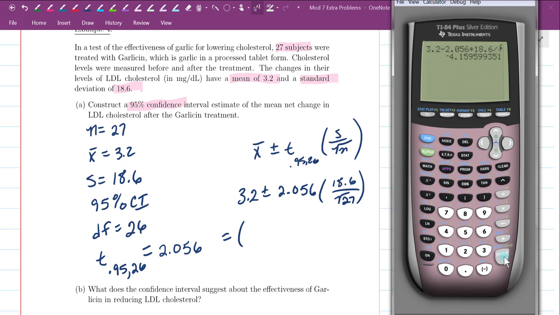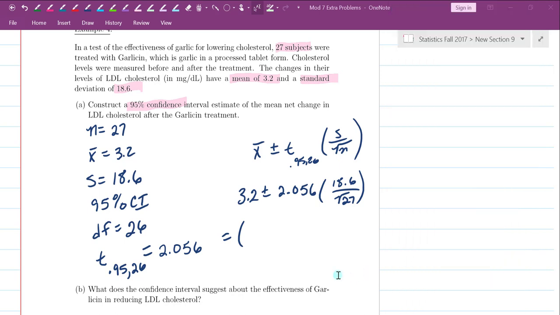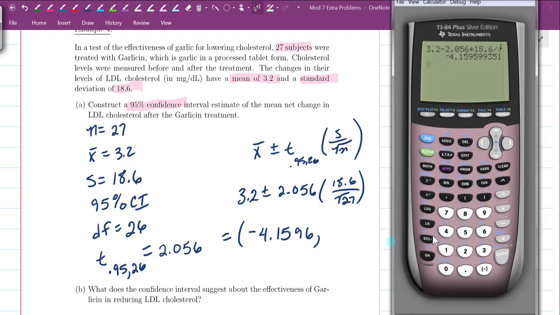Hit enter, and you're going to see that that is negative 4.1596. Comma, and now we will just simply bring up our calculator again, go up and highlight that, hit enter, and then we're going to scroll right on over and change our subtraction sign to a plus.